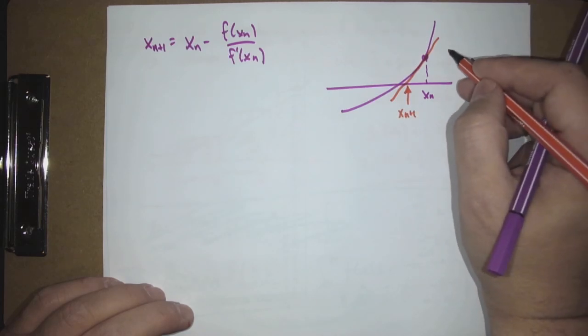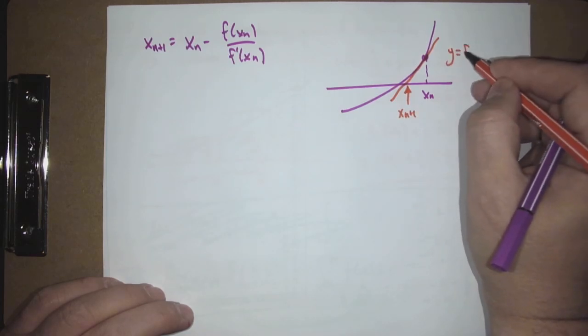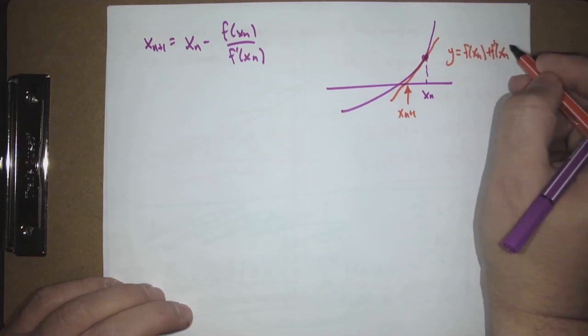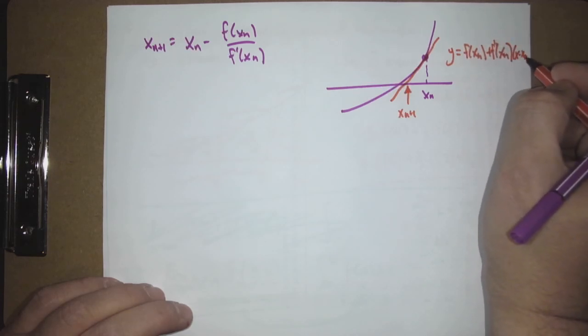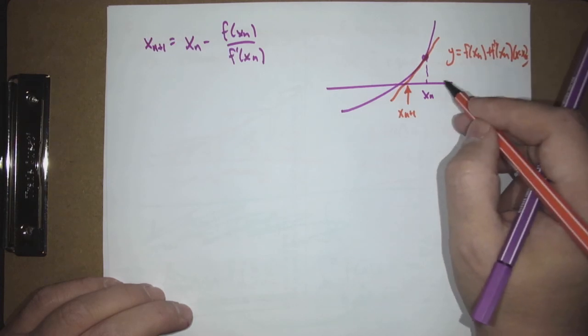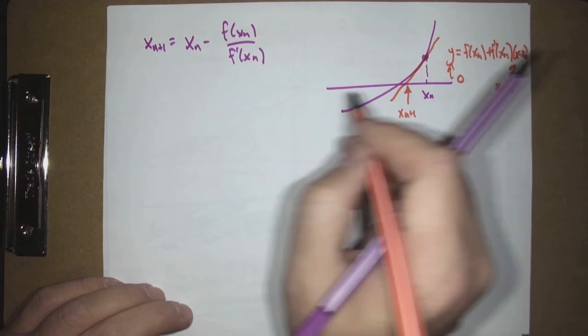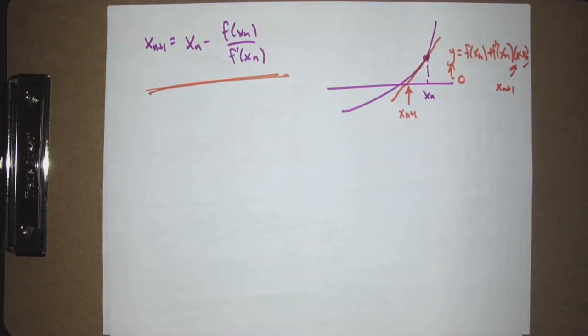The tangent line looks like y equals the value of the function plus the derivative of the function at that point times x minus xn. Now plug in y equals 0 and x equals xn plus 1, and that pops out. So it's just following a tangent line to 0. So if you see a Newton's method problem, you always know it's a recurrence problem. You just write down the recurrence, plug it in, and life is good.